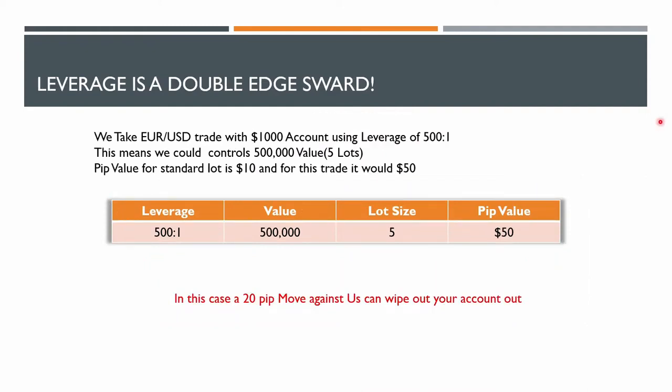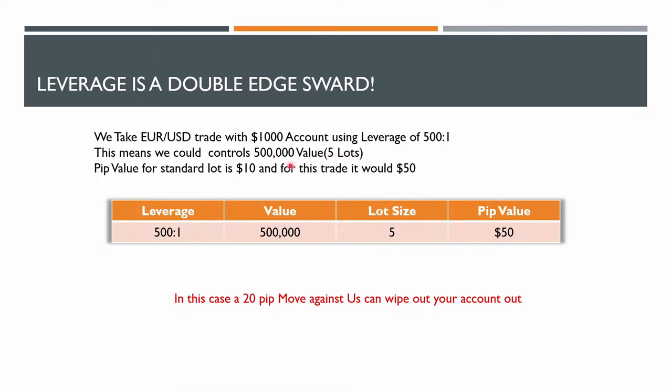Let's take a look at this bad example of leverage usage. If we are trading EUR/USD with a $1,000 account and leverage of 500-to-1 from our broker, this means we could control 500,000 of the base currency, or a maximum of 5 lots.